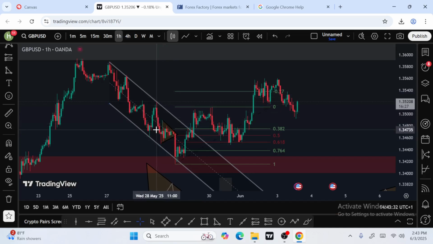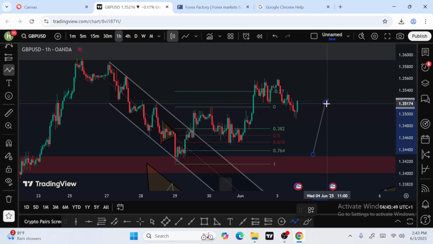Once you see a symmetrical triangle coming from a preceding trend, it is expected it continues when it breaks out. If it is coming from an uptrend and it is forming a symmetrical triangle, it is expected that after the consolidation of this symmetrical triangle, it continues to go up.